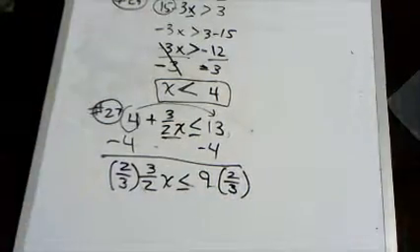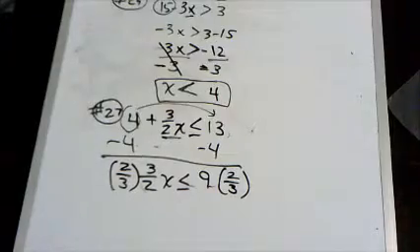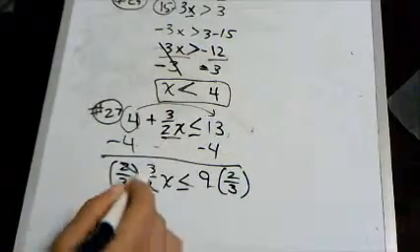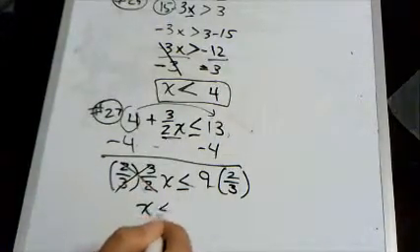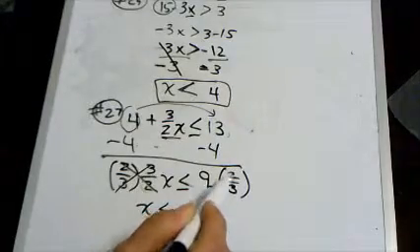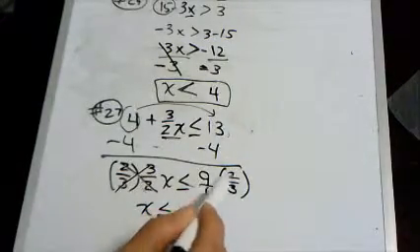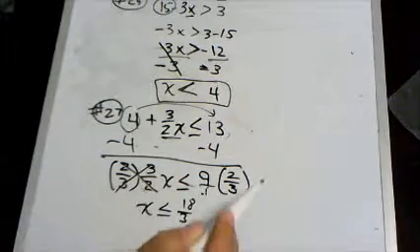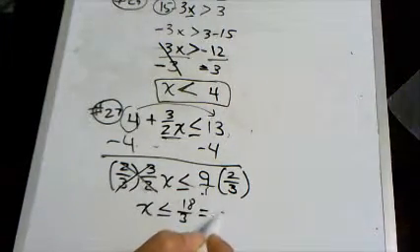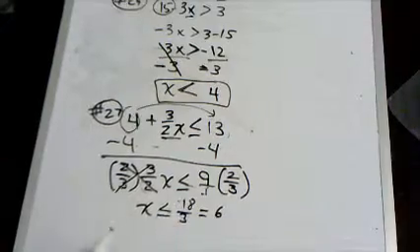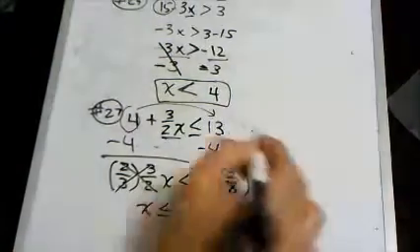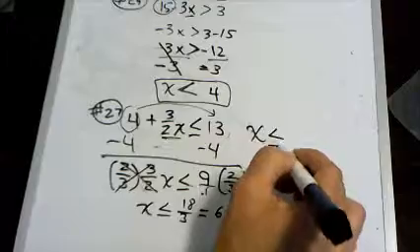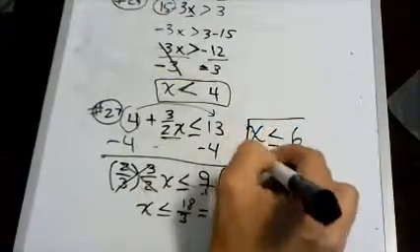Whatever I do to one side, I have to do to the other. Okay? So these cancel out. You're left with x. And 9 times 2, this is really 9 over 1. So 9 times 2 is 18. And 1 times 3 is 3. And 18 divided by 3 happens to be 6. So our answer will be x is less than or equal to 6. There's your answer right there.